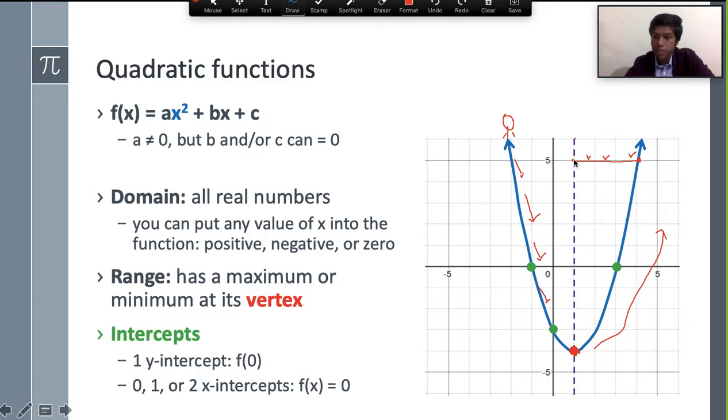Then from this point, if you go to the left 3 boxes, you get the same graph. That is why it is the symmetry line. This is the x-intercept, and this is the y-intercept.